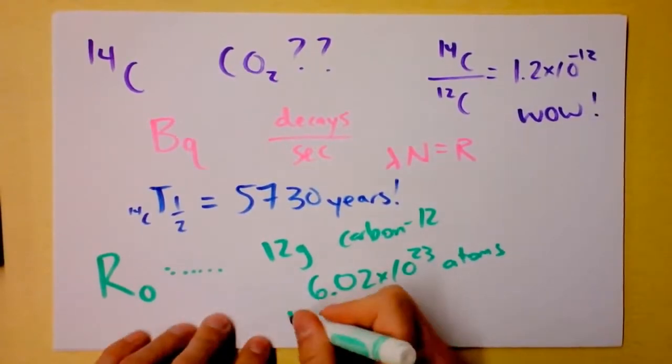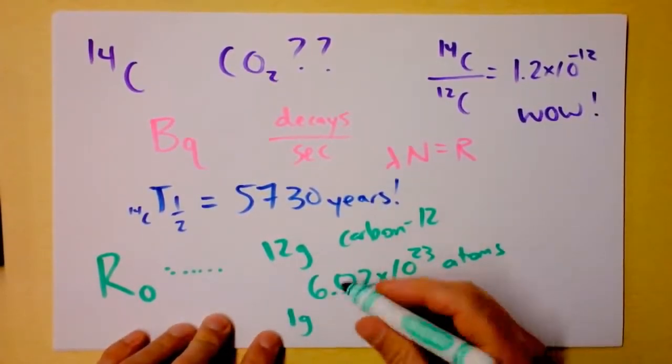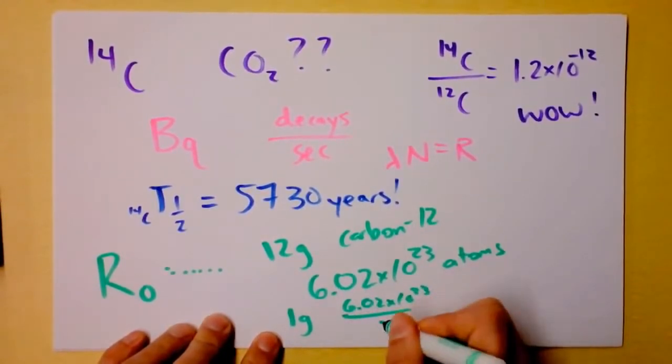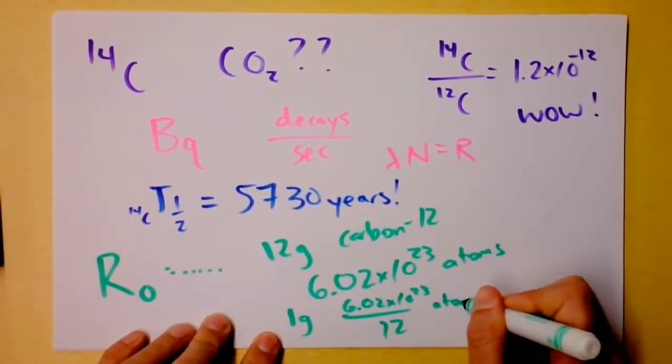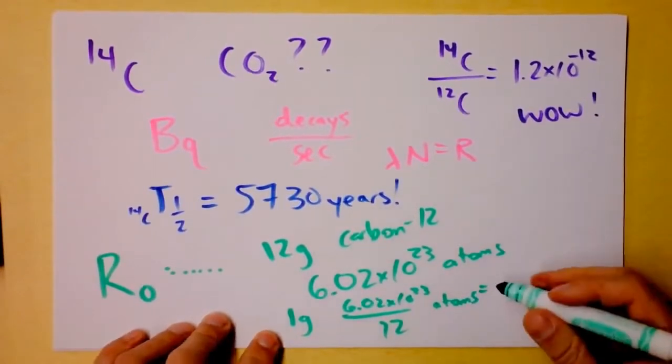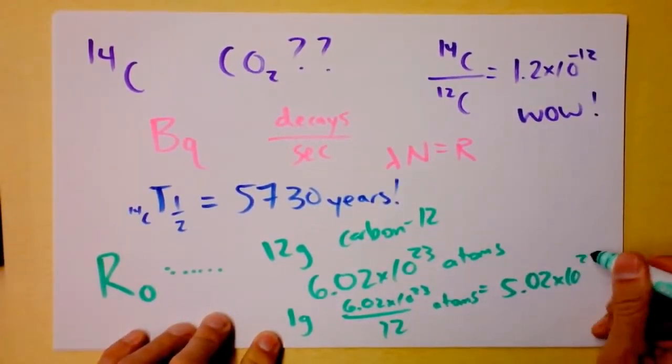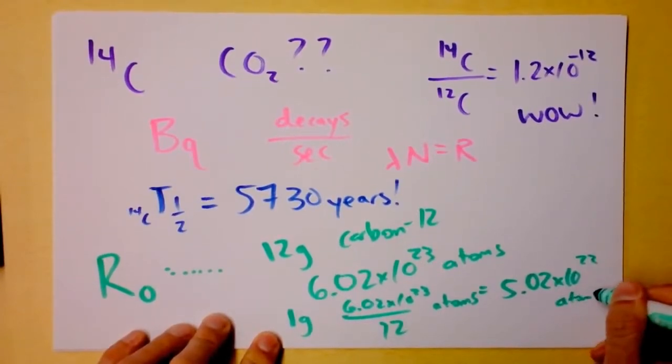That means that 1 gram has 6.02 times 10 to the 23rd divided by 12 atoms. I'll give you that number so you don't have to do it: 5.02 times 10 to the 22nd atoms of carbon-12.